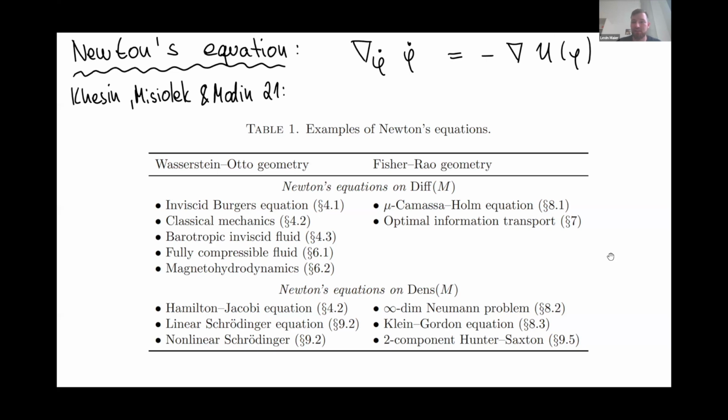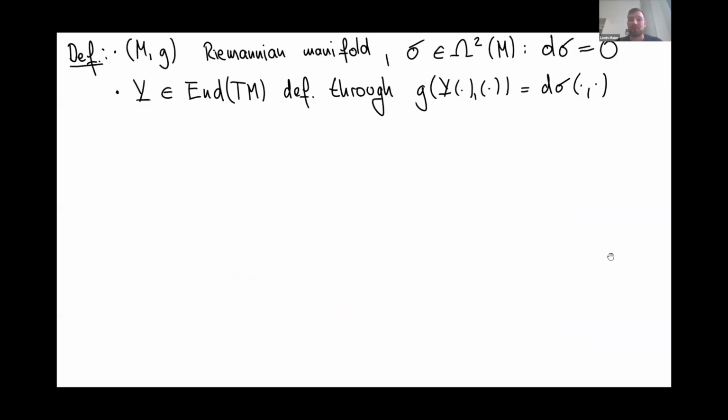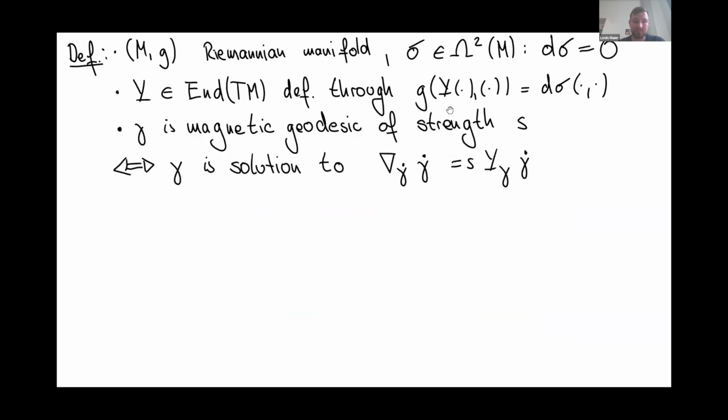Coming to that, we will now introduce the setting, what it means to be a magnetic geodesic equation. First we start with a Riemannian manifold (M,g) and a closed two-form sigma. Then Y is a bundle endomorphism of the tangent bundle, uniquely defined through the following expression, since the Riemannian metric is non-degenerate. That defines a unique bundle endomorphism.